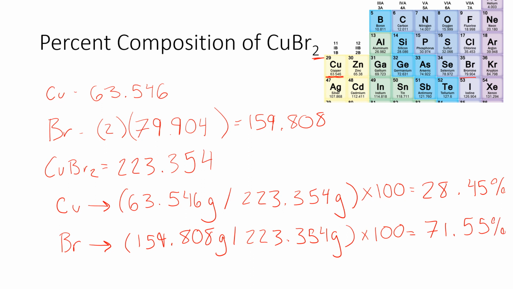So in this case, copper bromide is 28.45% copper, and it's 71.55% bromine. And remember, we can always do a little check at the end. We take 28.45 plus 71.55, and it should add up to 100 if we've done it correctly, and it does. So in this case, this would be the percent composition of each of the elements for copper bromide.